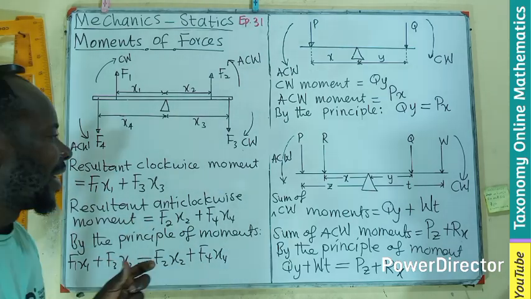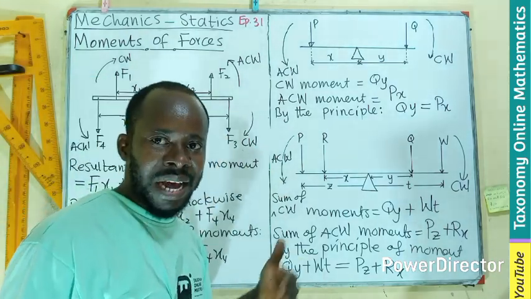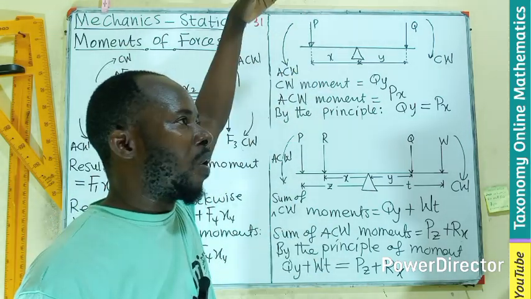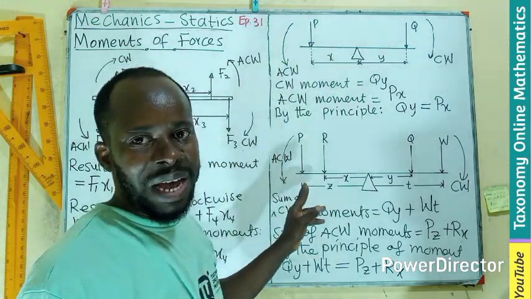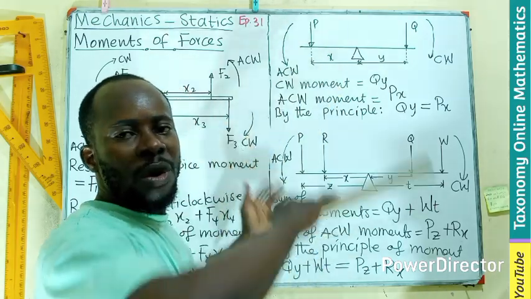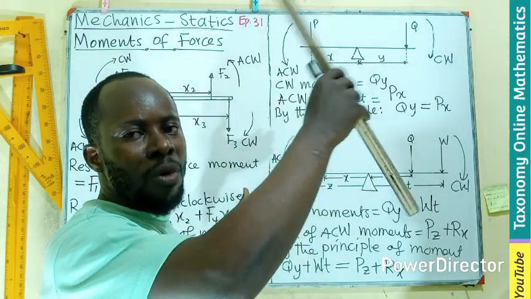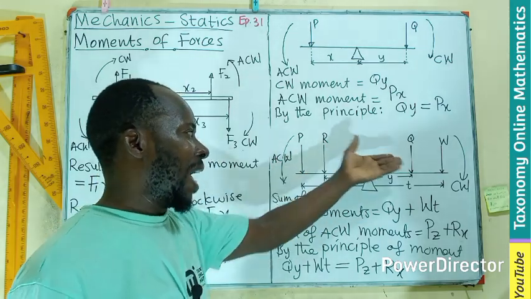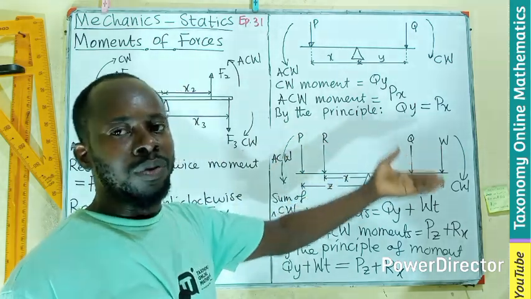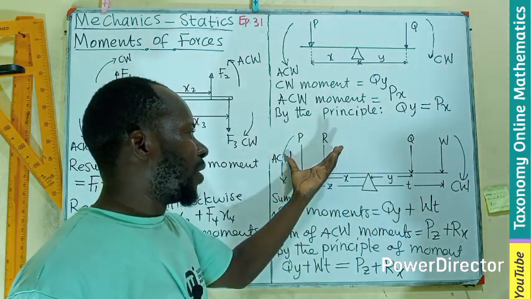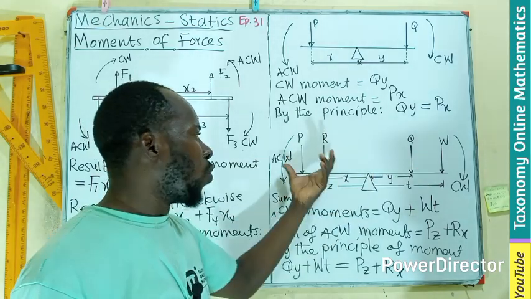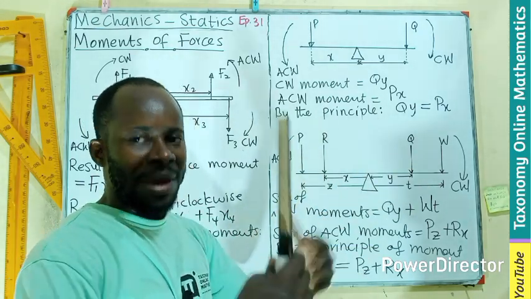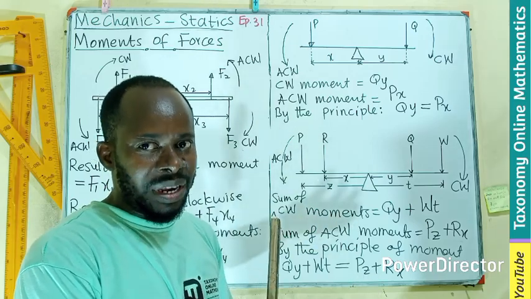So we can see that there are about ten cases that we are having in this case, whereby we have the forces all moving in one direction. So we have one clockwise moment, one anti-clockwise moment. When the forces are exerted on several positions, it will not mean that it will be two all the time. It could be one, two, depending on the weight, the mass of the force being applied.